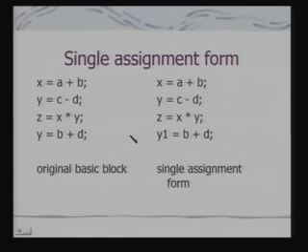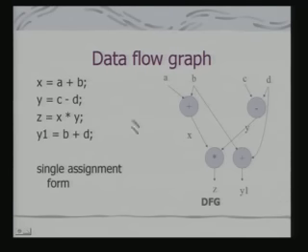Now, what is the implication of this? Let us look at the basic data flow graph. You can understand that this is a sequence of assignments and this is your data flow graph. What it is showing you is that if you have got variables a, b and c, d, then these operations take place, and this is indicating a dependence, and this is another dependence with respect to y.